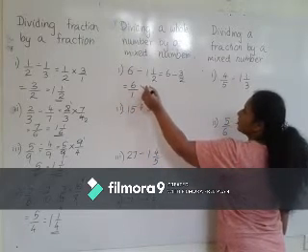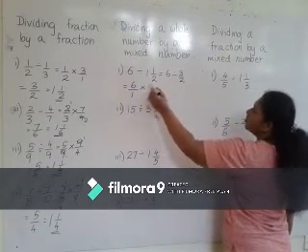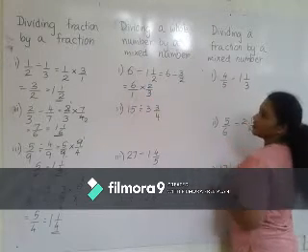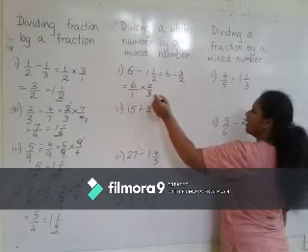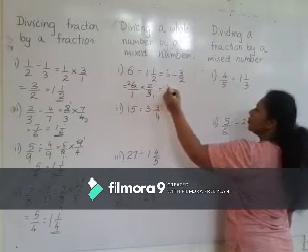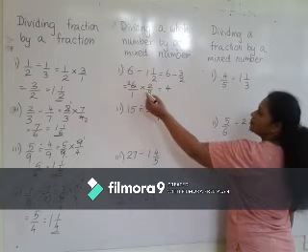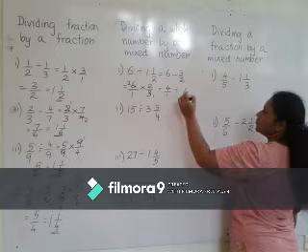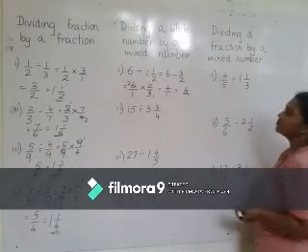Division becomes multiplication. 2 goes up, 3 goes down. Then we can cancel. 3 times 1, 3 times 2. 2 times 2 is 4. 4 times 1 times 1 is 1. 1 over 4 means 4. That is the answer.